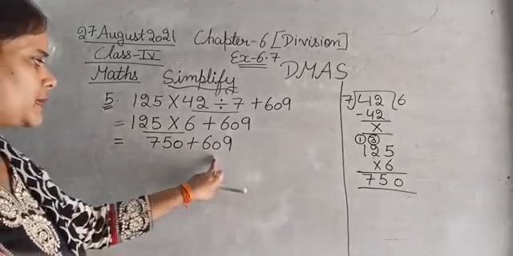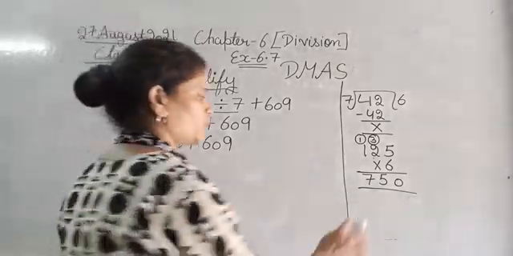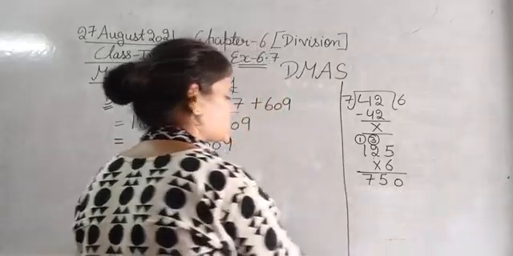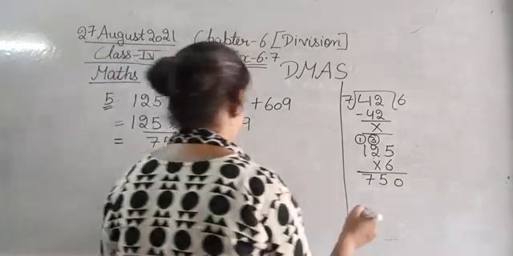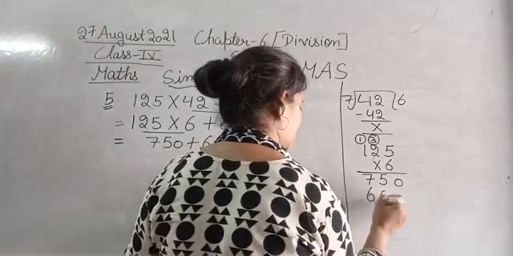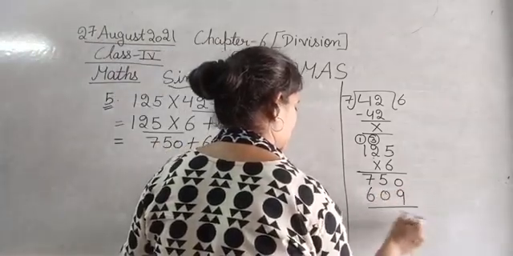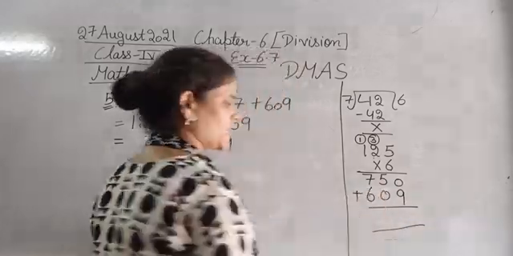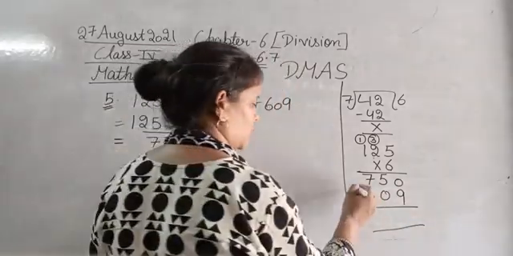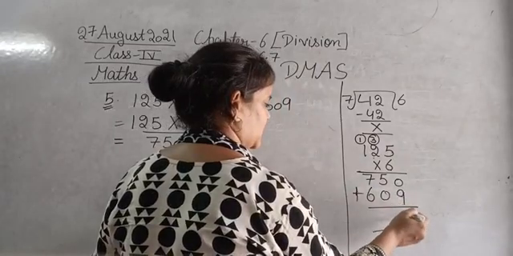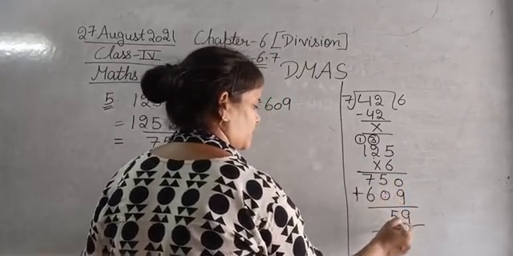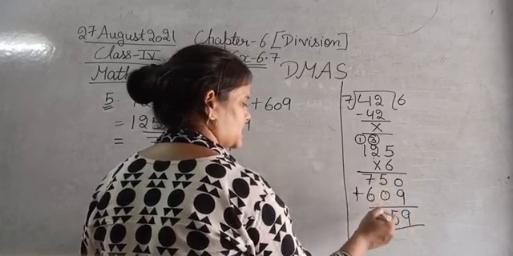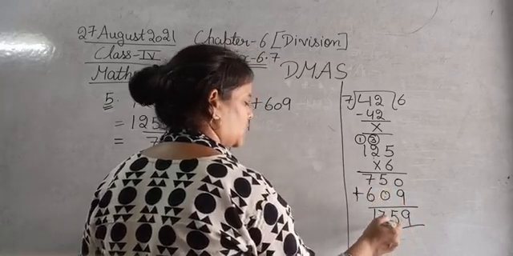So 750 plus 609. So we can add it here also. Okay, we will add it below so that we can get the answer. 750 plus 609. So let's add it. Okay, 0 plus 9, 9. 5 plus 0, 5. 7 plus 6, 13.